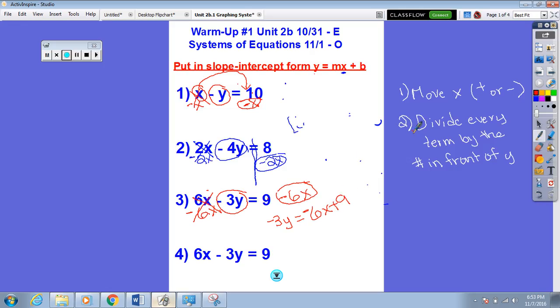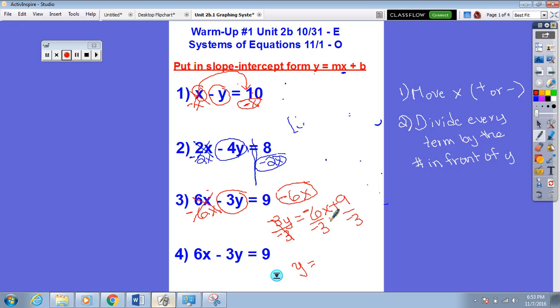Now I need to do step 2 and divide every term by the number that's in front of y. So I divide every term by negative 3 because that is the number that is in front of y. So negative 3 divided by negative 3 will give me the invisible 1 coefficient that we don't show.